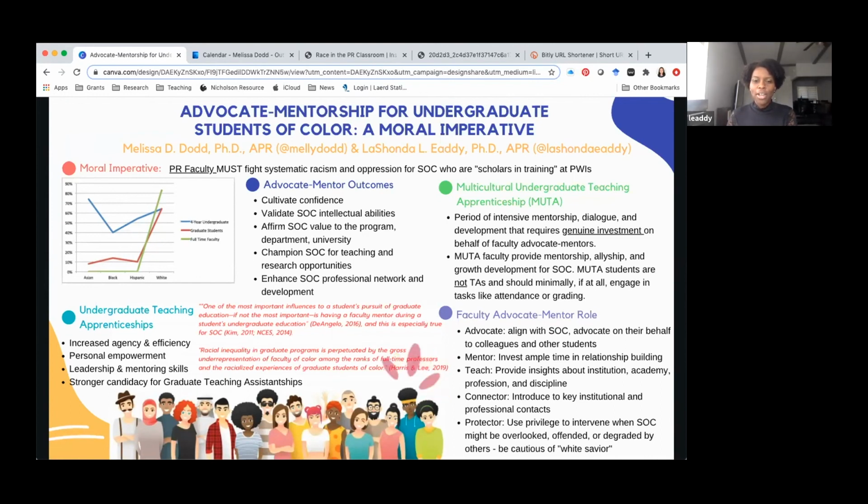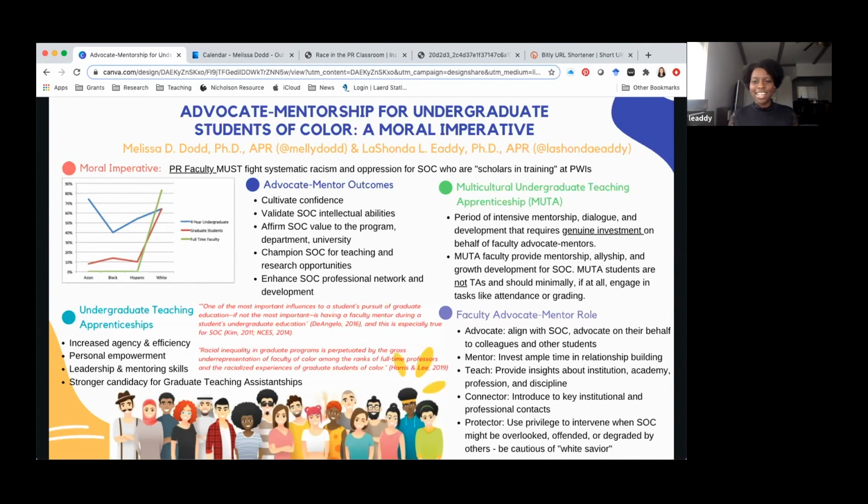And then also ensuring that you have adequate time to invest so that you can fulfill these roles, and also to help the students learn, so to serve as a teacher to help them learn about academe, and also about the institution, and also about the discipline in general. And then you also serve as a connector to not only other professionals within the institution, but also other professionals in the discipline that you think might be good contacts for your students.